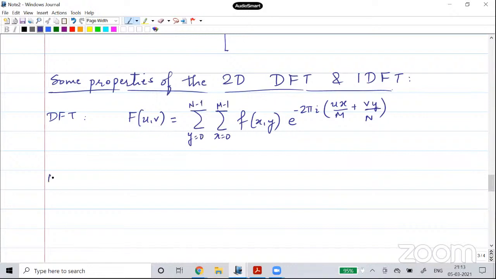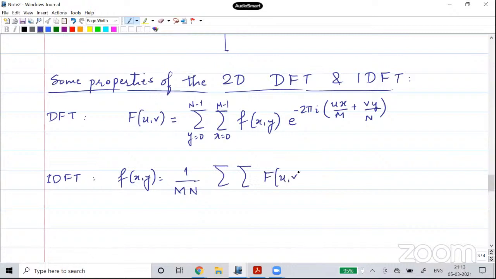And the inverse discrete Fourier transform has the form f(x, y) equals 1 over mn. I think one of the homework problems is to prove this 1 over m for the one-dimensional case. That same thing will carry over for two dimensions.